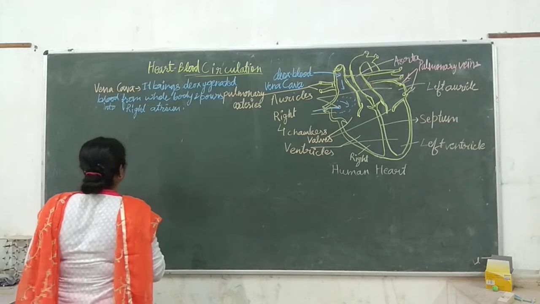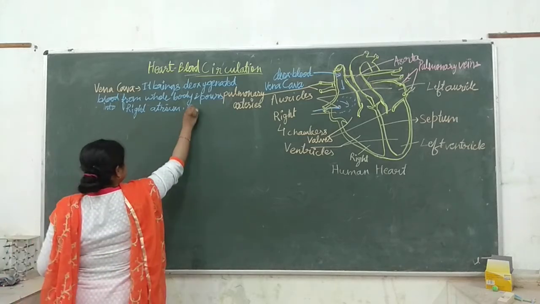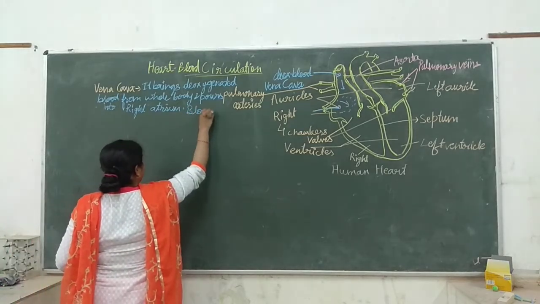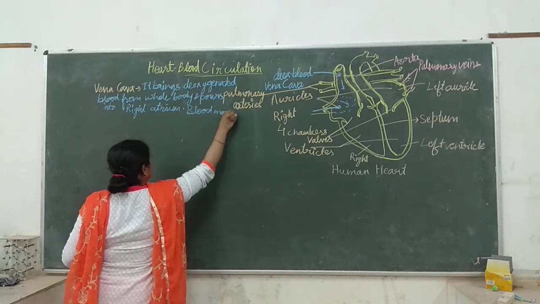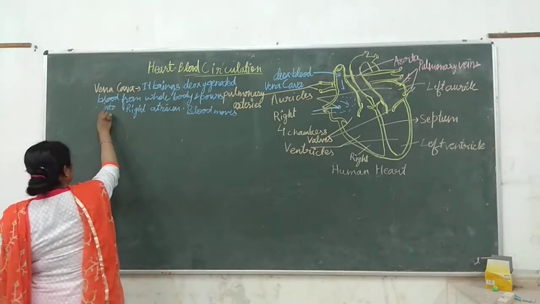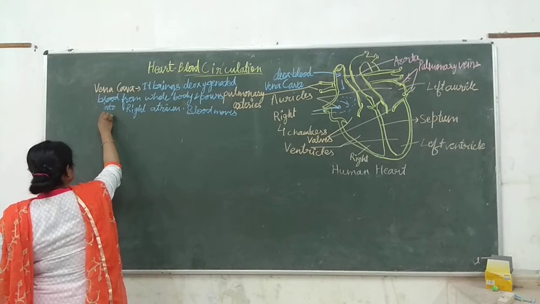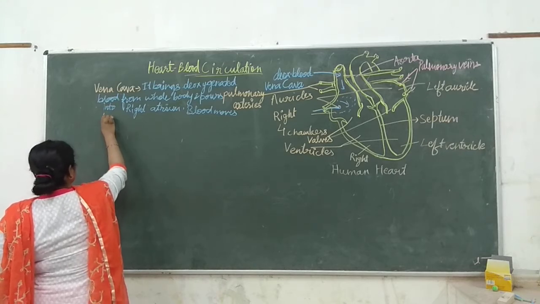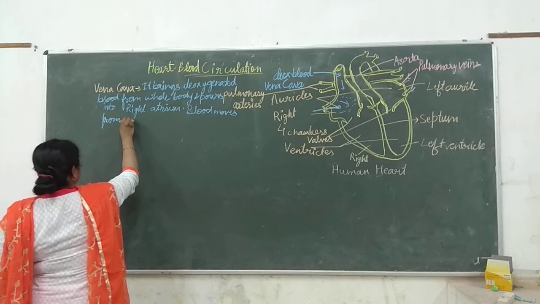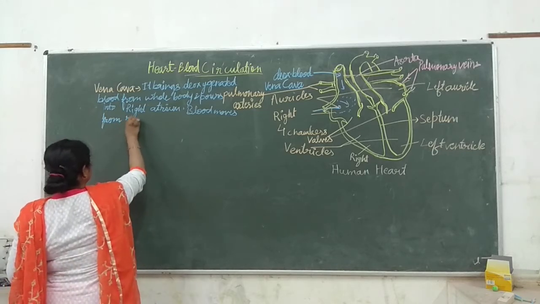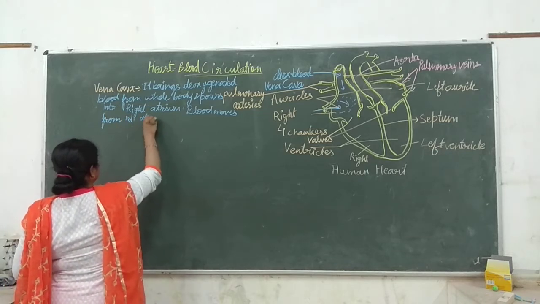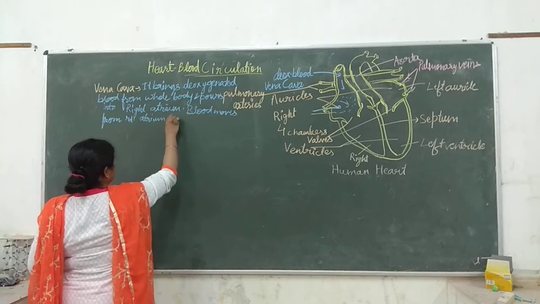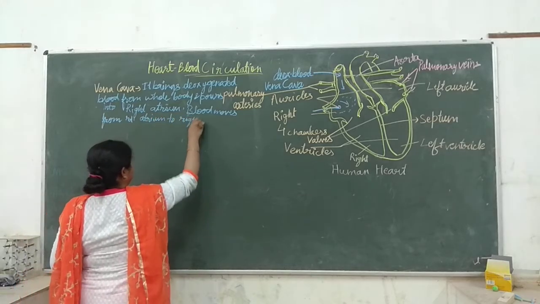Now the blood moves from the right atrium to the right ventricle.